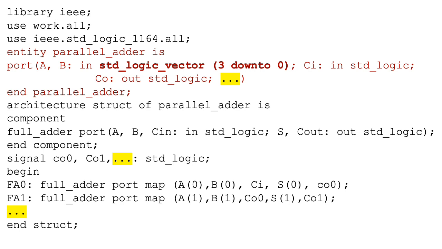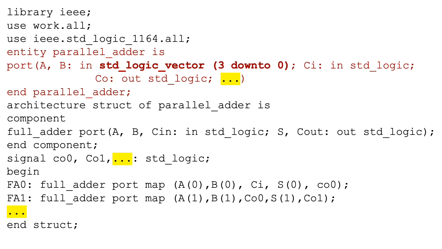The last part of the code is the architecture part, where we define the relationship between the inputs and the outputs. This is different from what we've covered so far because it introduces the structural modeling of VHDL programming. And here we have defined the architecture name. We named it struct.